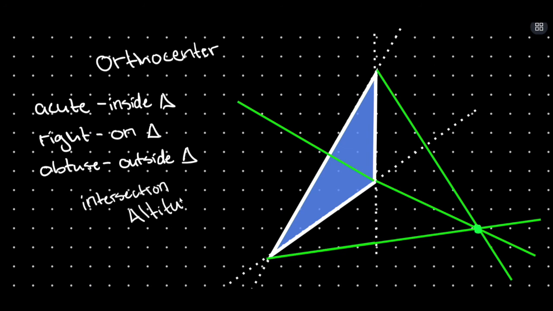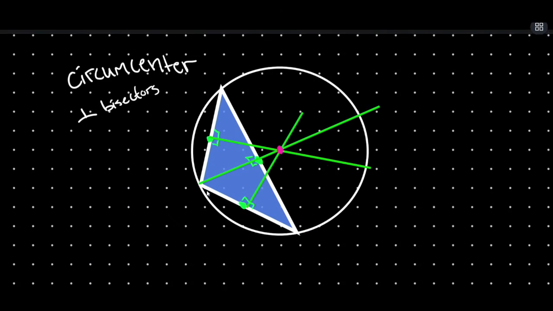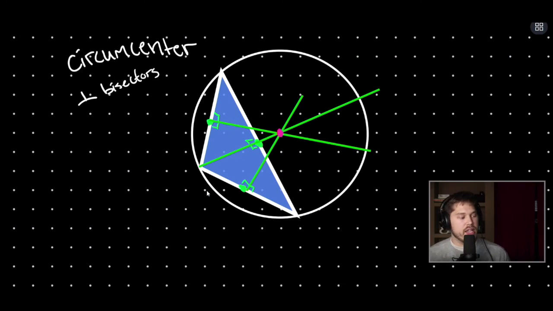That is your orthocenter. And then lastly, we had the circumcenter, which is the center of the circumscribed circle of your triangle. That's a mouthful, isn't it? But it's found by placing your perpendicular bisectors, and their intersection point is the circumcenter.